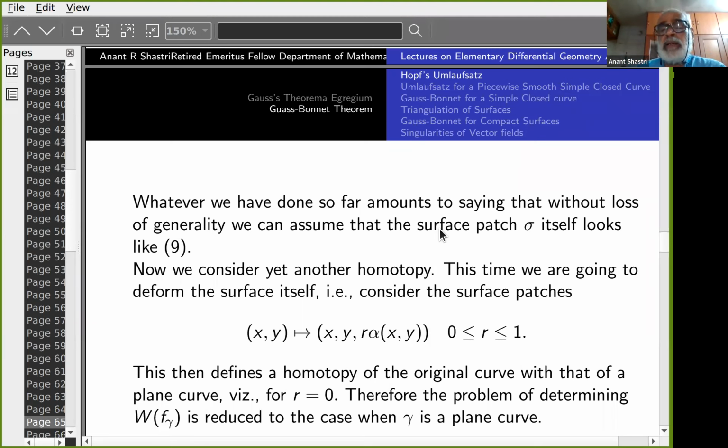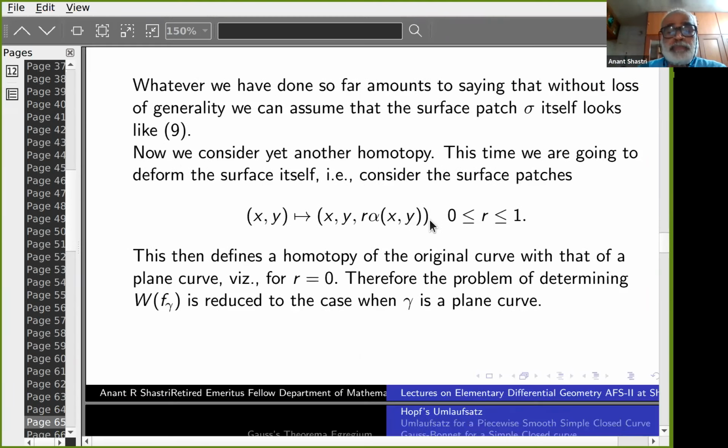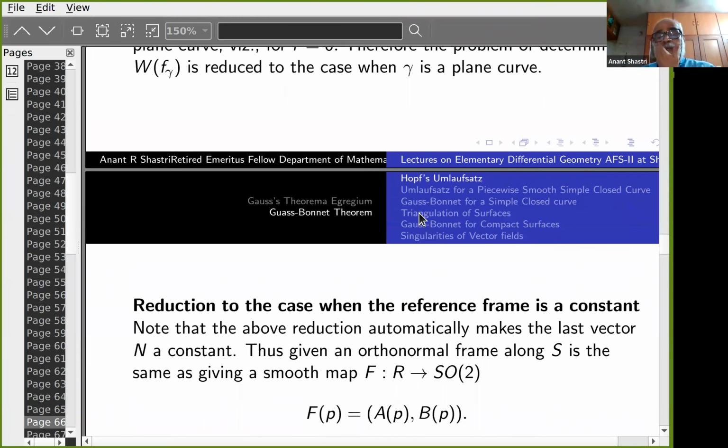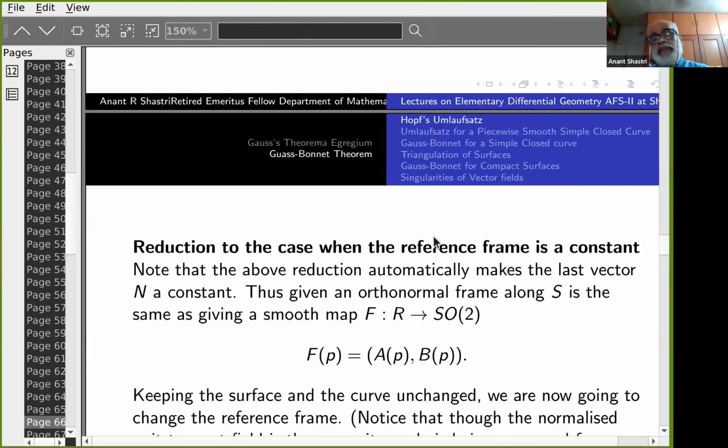Okay, it's a plane curve. Now one more reduction is necessary. See, finally we have to get theta dot in terms of this a, b, and n, right? So that kg is there, etc. is there, right? So we have to compute that.